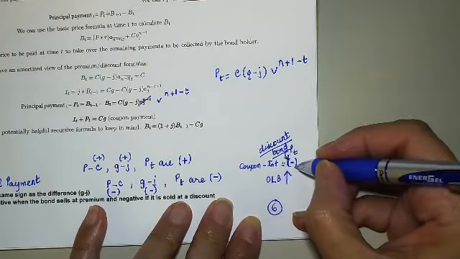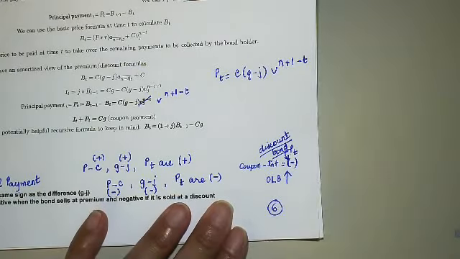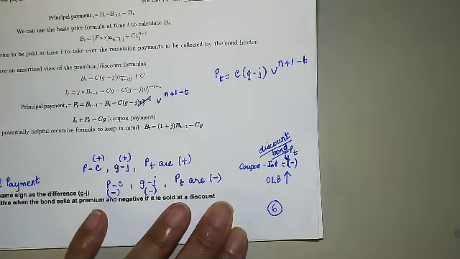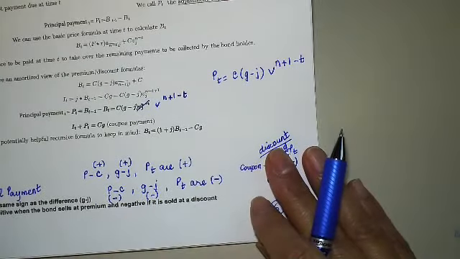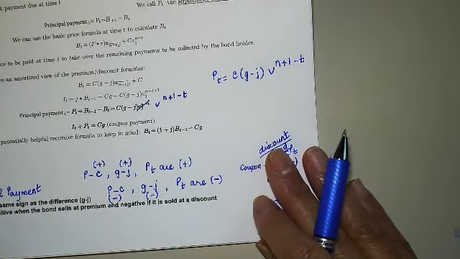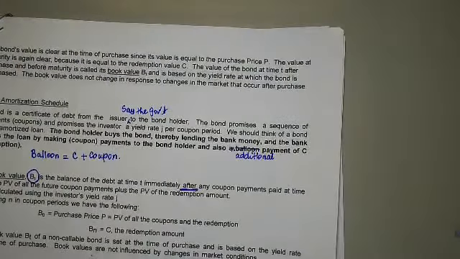Your OLBs, you're going to see me do it on the amortization in a minute, are going up in the case of a discount bond. Imagine that. Because P of t is negative, when you do OLB t minus 1 minus P of t, it's negative, so it makes the next OLB go up. That's only in the case of a discount bond.